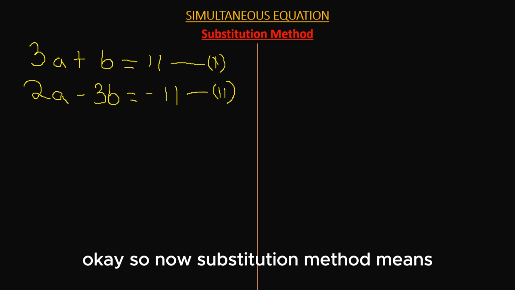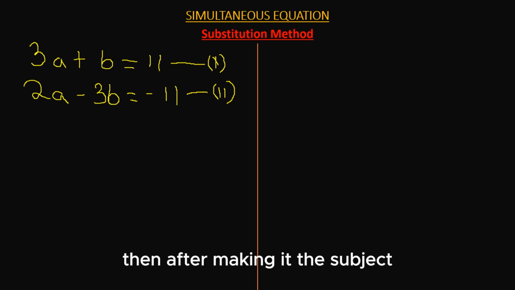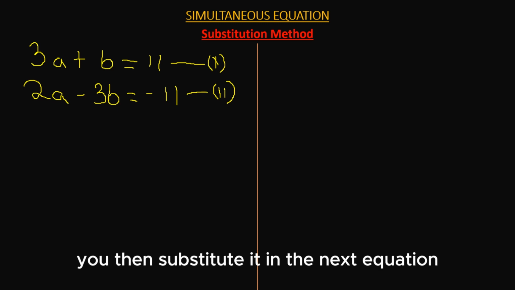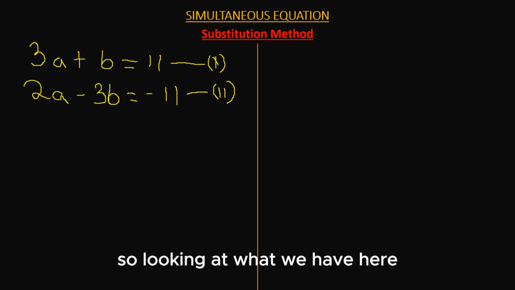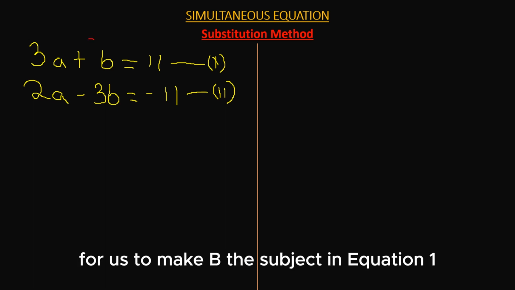Okay, so now substitution method means making any of the unknown the subject. Then after making it the subject, you then substitute it in the next equation. So looking at what we have here, you will agree with me that it is easier for us to make b the subject in equation 1.